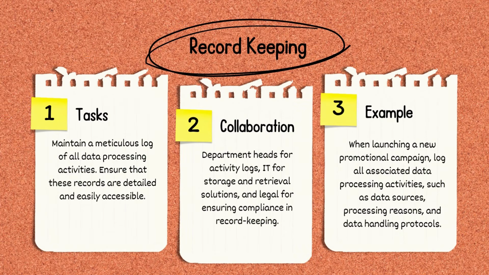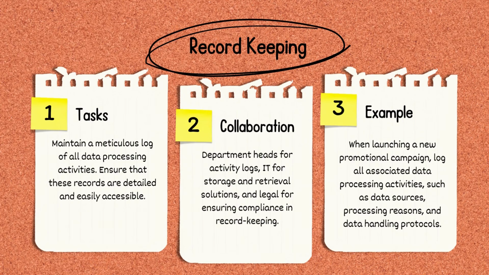Next, record keeping. The task here is to maintain a meticulous log of all data processing activities, which is the records of data processing activities, or otherwise called ROPA. Ensure that these records are detailed and easily accessible. Okay.